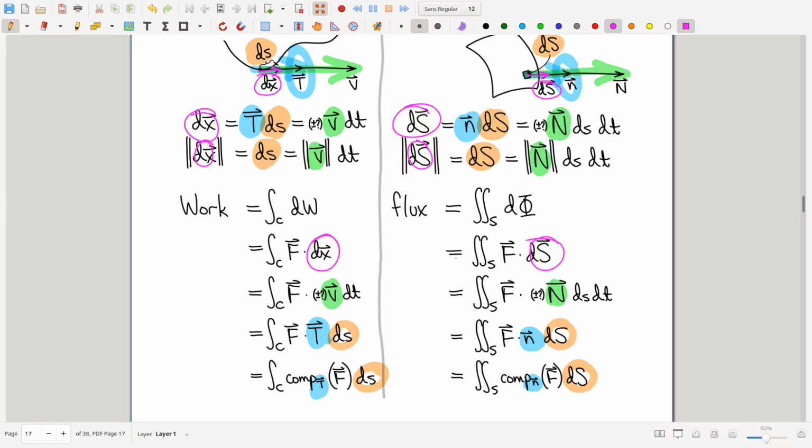So suppose you have a comfortable understanding of all this stuff with vector line integrals, but you're a little shaky on the surface integrals. Everything that you understand over here, you can say, all right, I just need to know what's the surface analog of what I understand over here, and that will give you what should be over here. So this is not two separate large sets of equations to know. This is two examples of one pattern of equations to know. And I think that's pedagogically really useful.